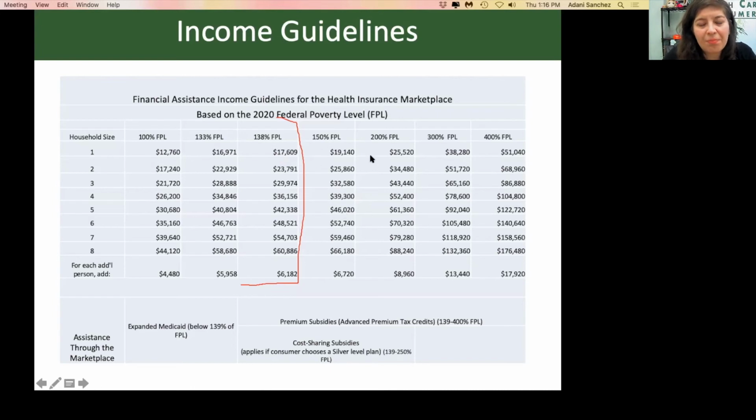And then going up beyond that, all the way up to 400% of the federal poverty level, which is $51,000 a year, that's where you could still get some financial assistance on the health insurance marketplace to buy a private plan. However, you do get less financial assistance the higher your income is. So it is graduated. Just keep that in mind when you're looking at the plans.